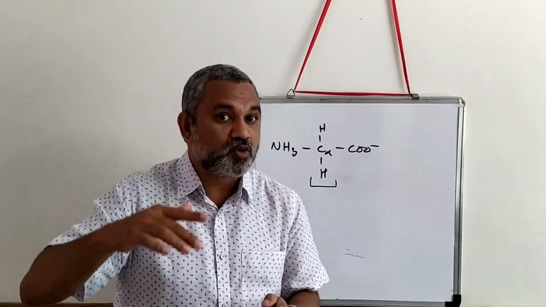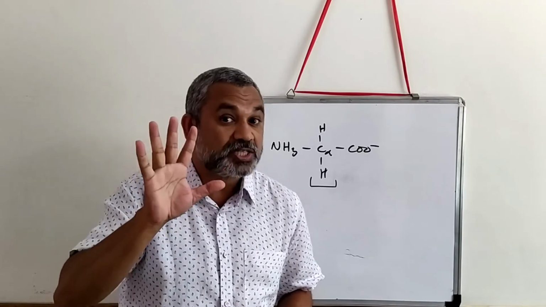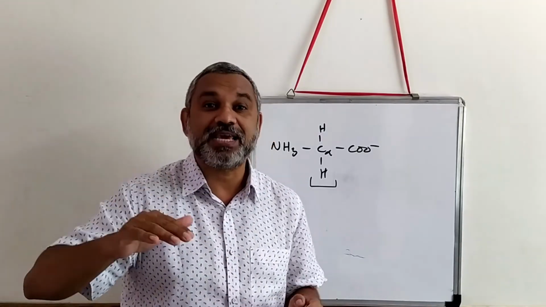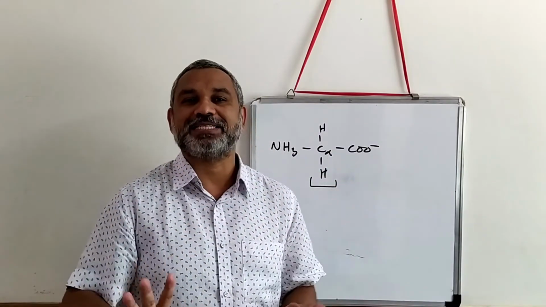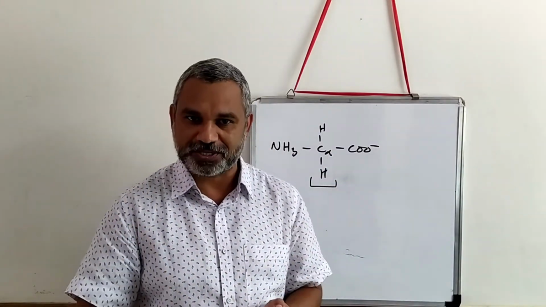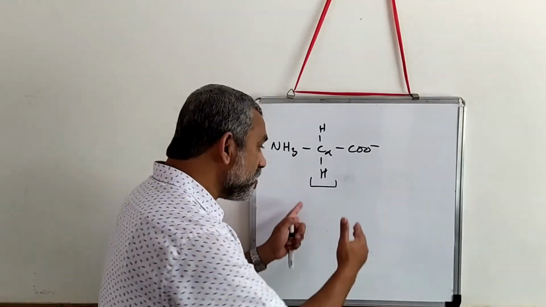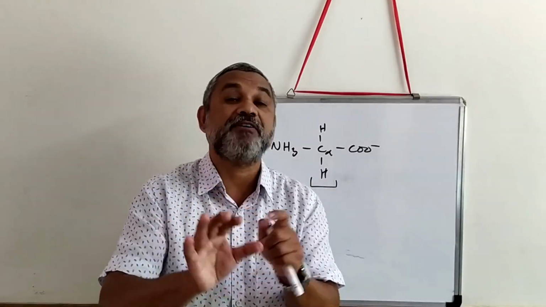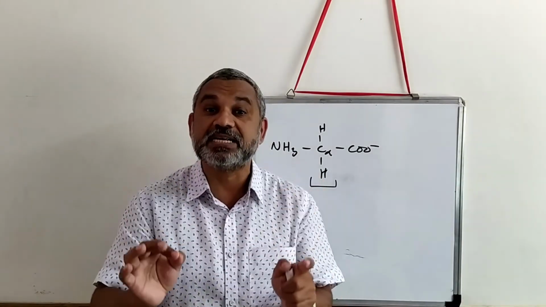When you look into a book at the Ramachandran plot of polyglycine, glycine will give all kinds of scattering. That is simply because the R group is so small that it will have minimum steric hindrance possible.